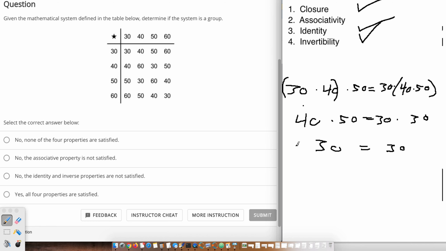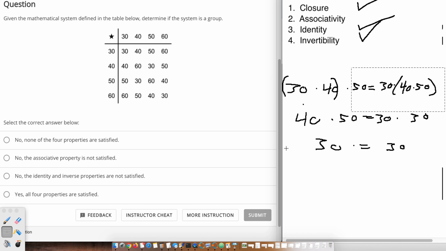I found something called Light's Associativity Test. I've never done it, and it's going to be too long for me to figure out in this video.